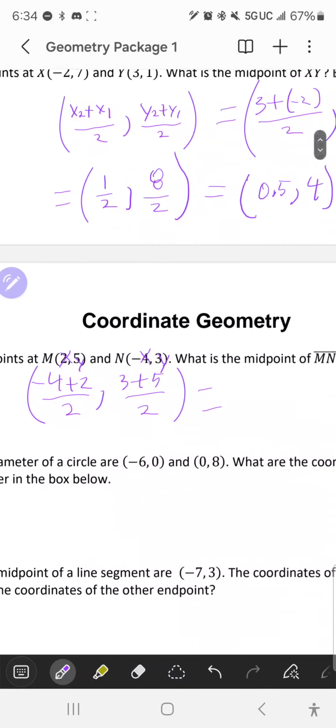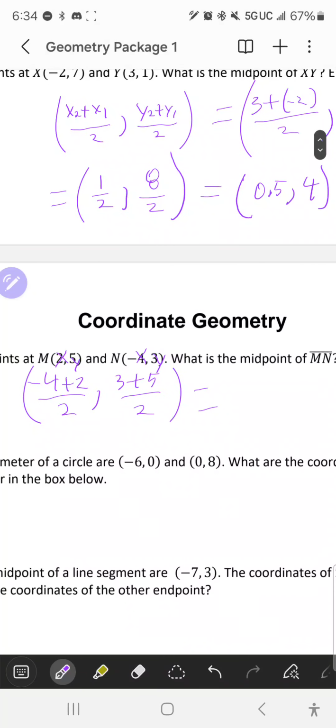And we have -4 plus 2. Since they have different signs, we subtract the smaller from the greater, which is 4 minus 2, which equals 2. But since the 4 has a negative sign, our result must also be negative. So we get -2 over 2.